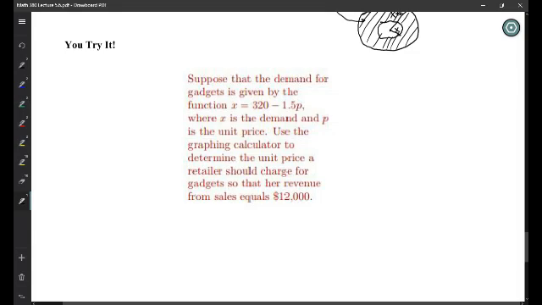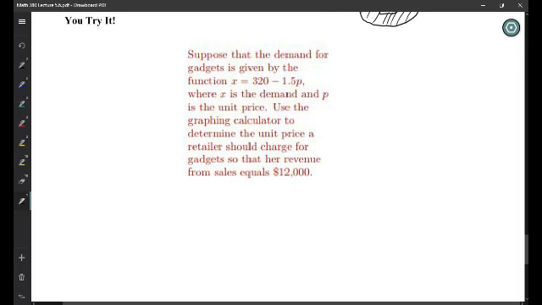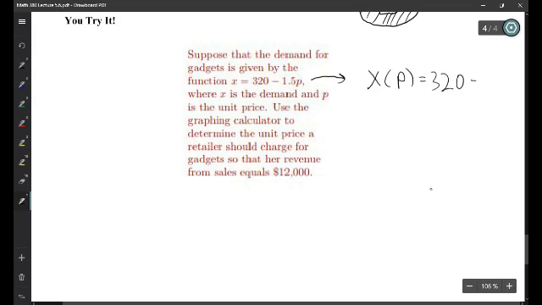So we are going to do this, you try it. So suppose that the demand for gadgets is given by this function. x equals 320 minus 1.5p. So x as a function of p, where x is demand and p is the unit price, is 320 minus 1.5p.